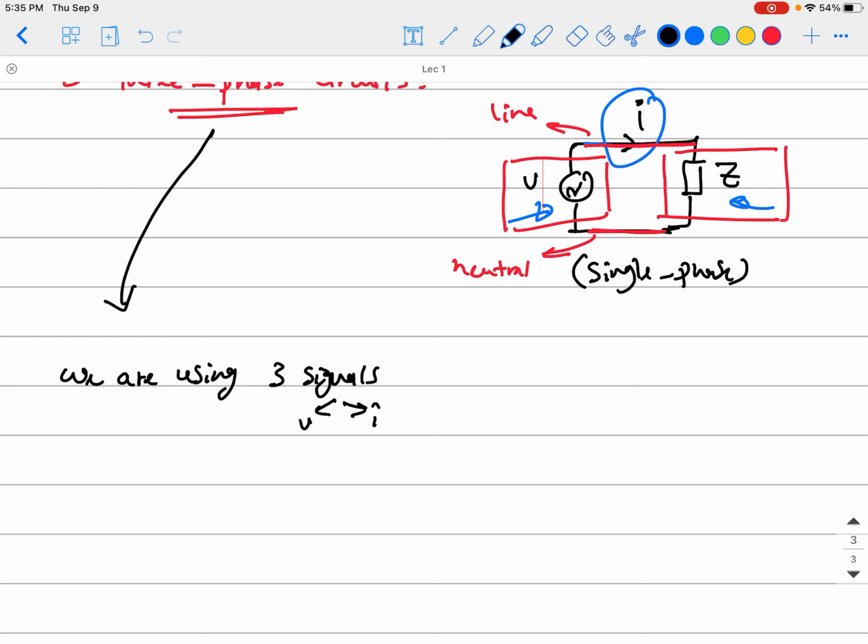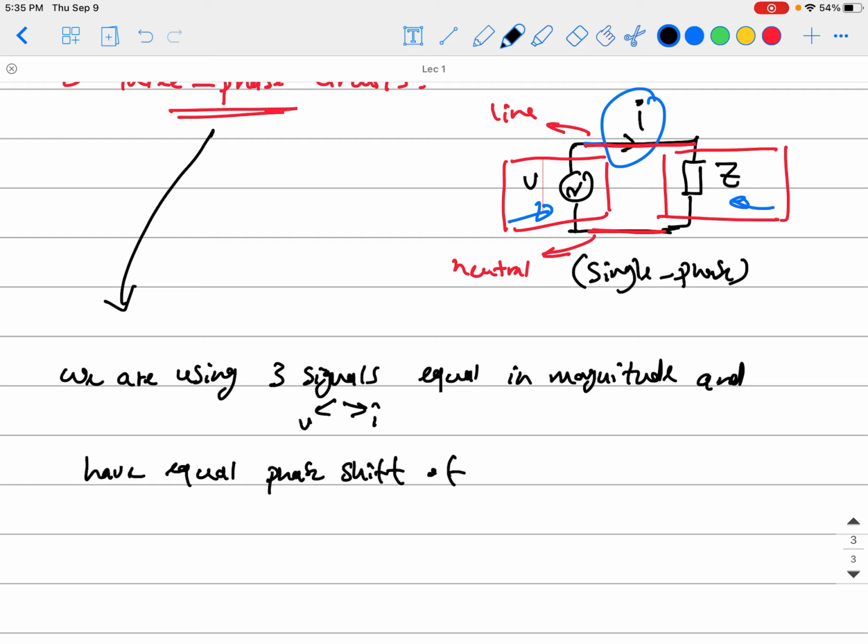They are equal in magnitude and have an equal phase shift of 120 degrees, which equals 2 pi over 3 radians.